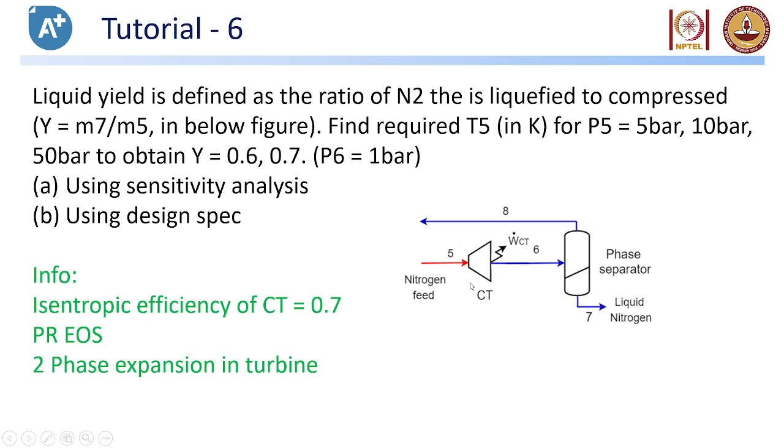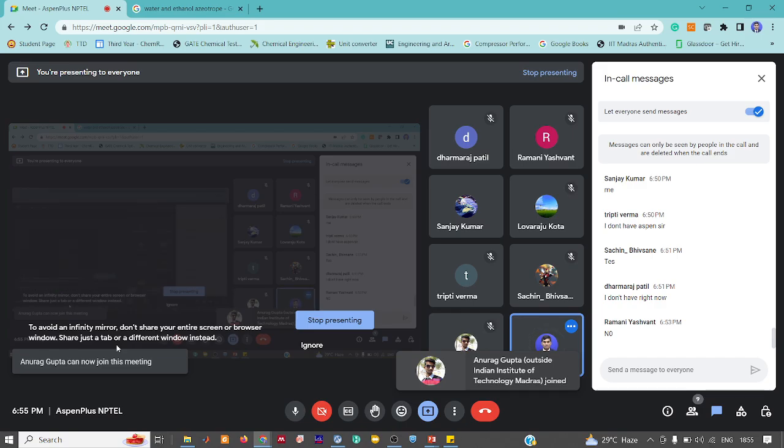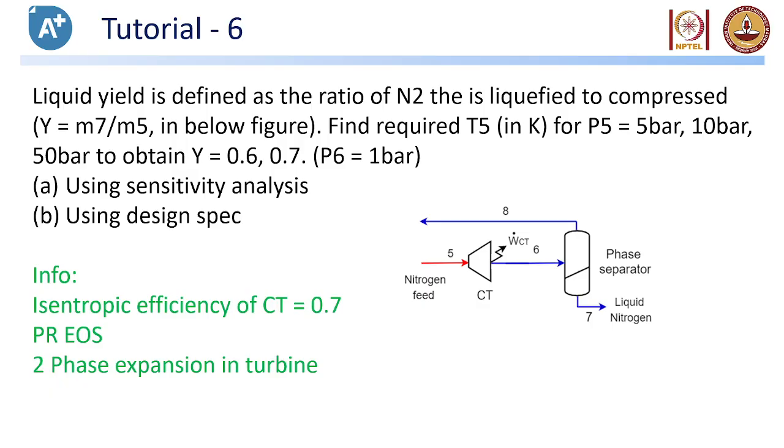The turbine has an isentropic efficiency of 70%. Use two-phase expansion in the turbine, which means you have both vapor and liquid. Use the Peng-Robinson equation of state, and then see what is the quantity of nitrogen which is liquefied.